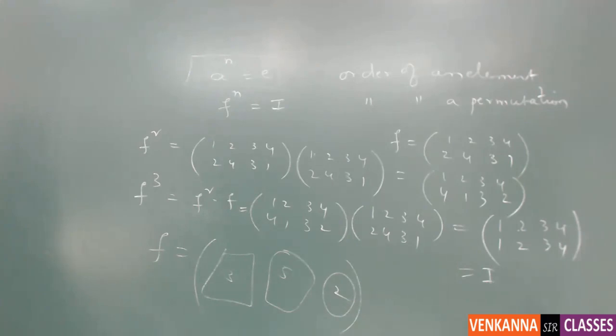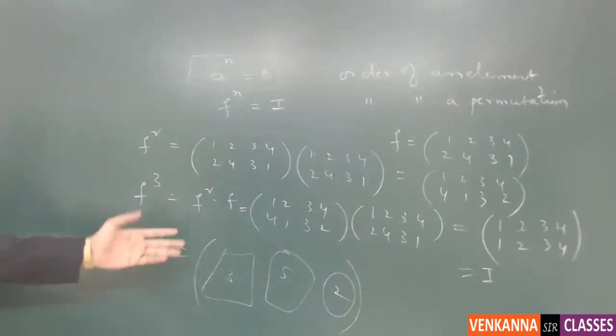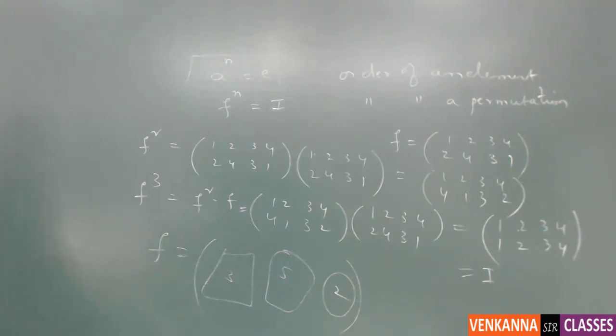Not always. Plus means you are adding them up, the values 3 plus 5 plus 2. You are saying that will it come always or occasionally? So I am saying that if you have taken a permutation, it contains a 3 cycle, 5 cycle and 2 cycle, among which what is the maximum cycle length? 5.